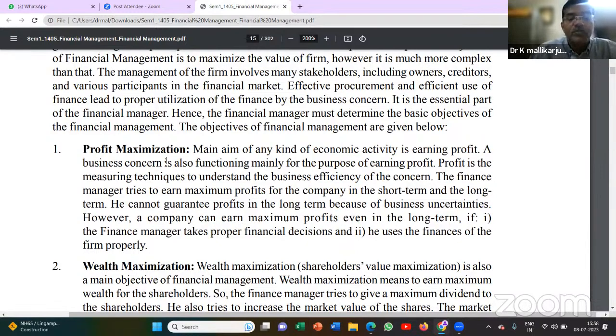It may be short-term profit or long-term profit, depending upon the nature of the firm. The firms are different, the business models are different, the activities are different, the scale of business is different, the competitive markets and competitors are also different. We talked about Zomato and Swiggy, two firms; see how they are maximizing their profits.